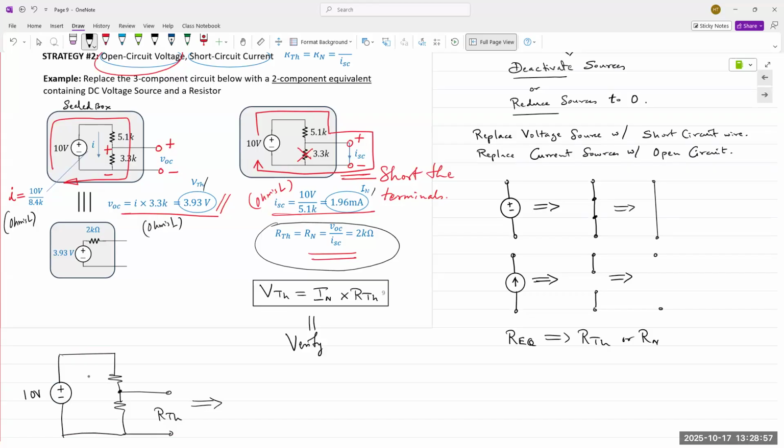Well, in order to find RTH, what do we do? We find REQ. In order to find REQ, there must not be any sources present in the circuit. So we reduce them to 0. In this case, voltage source, we short it out.